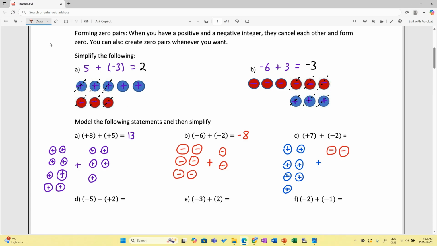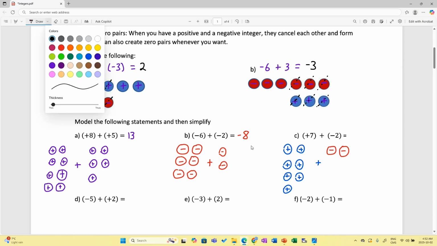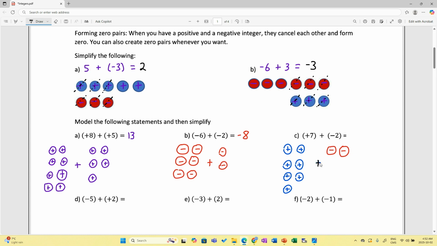So basically, as I said before, a positive cancels with a negative. So I'm simply going to cancel out a positive with one negative. And now since there's another positive and negative left, I continue to do the same thing. So what I have left is 1, 2, 3, 4, 5 positives. So that means my final answer of positive 7 plus negative 2 should be positive 5.